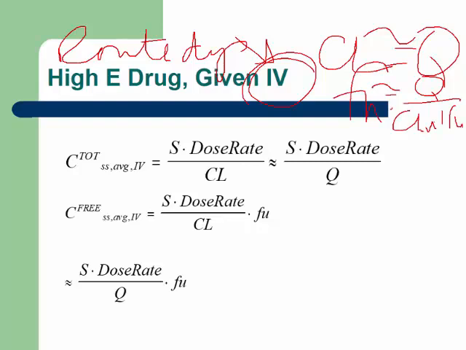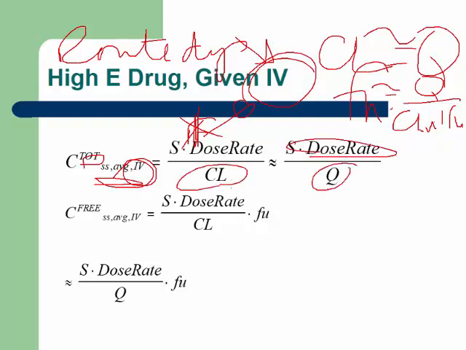So again, here is our CSS average IV. This is total. We'll start with total, and it's salt form, and usually we think of bioavailable dose rate, but bioavailability is 1 in this case because it's IV, so we don't have to worry about bioavailability. So it's really just drug in over drug out, which in this case is clearance.